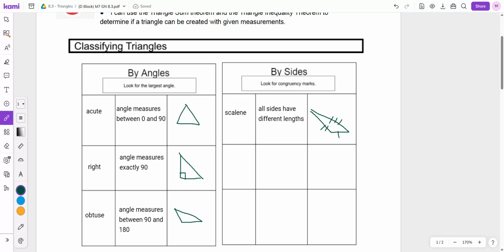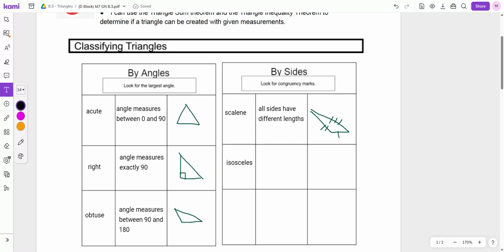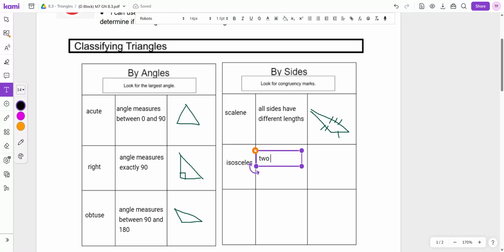The next one is isosceles, which means that two sides are the same. So two sides have the same length.